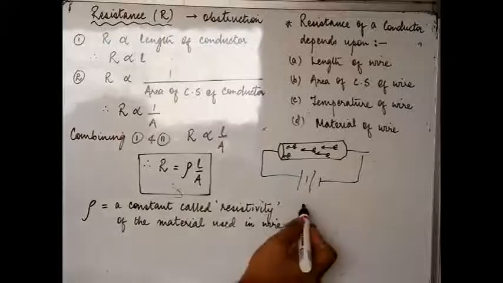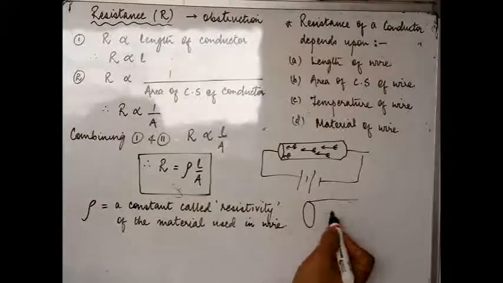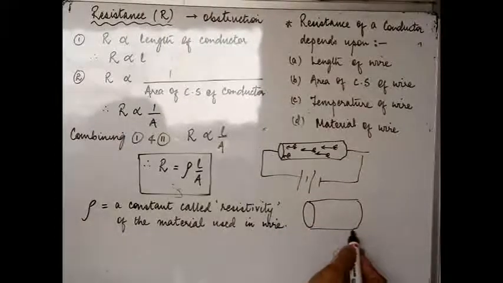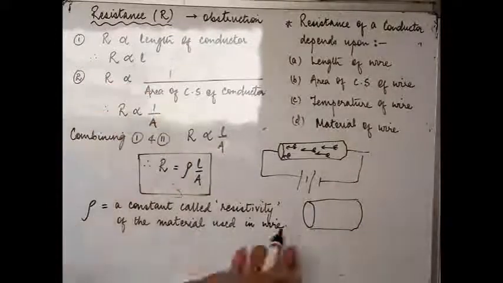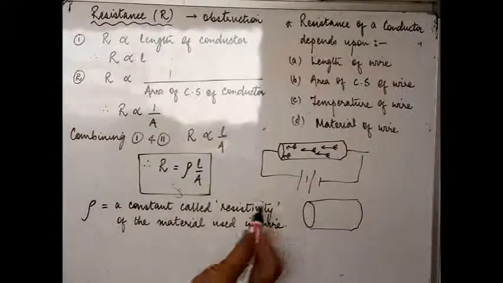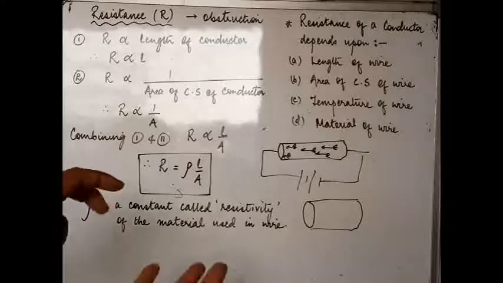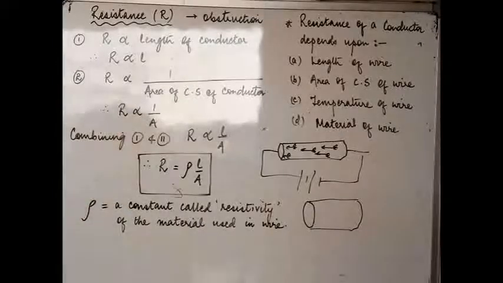Whereas if I increase the area of cross section, this is the area of cross section that I am talking about, that basically means a much wider space to move. So the electrons will be able to move relatively easily. So with the increase in the area of cross section, the resistance drops, because it becomes easier for you to move.